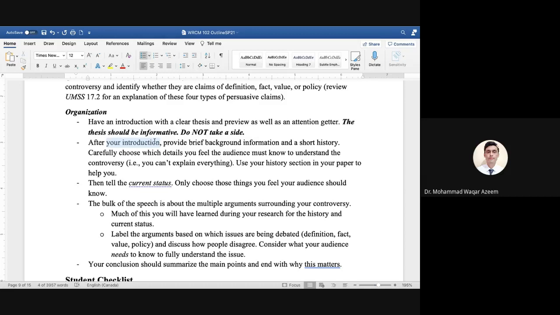So after your introduction, you should provide brief background information and short history of your controversy. Carefully choose which details you feel the audience must know to understand the controversy. That is, you cannot explain everything. Use your history section in your paper to help you with this part.